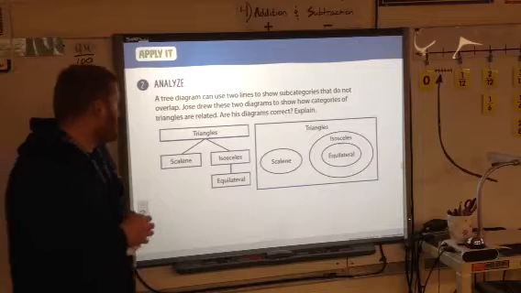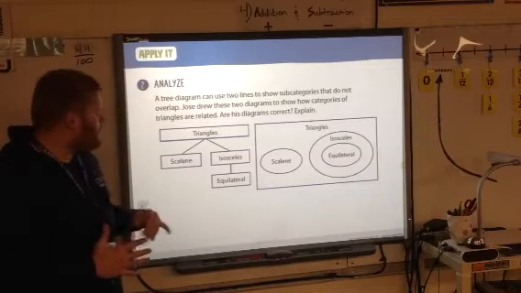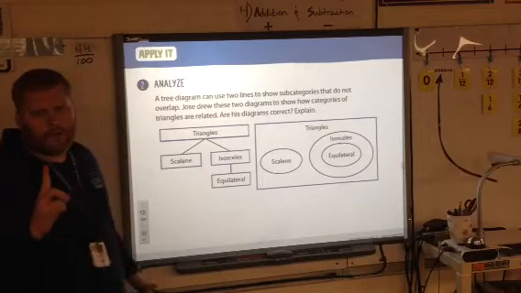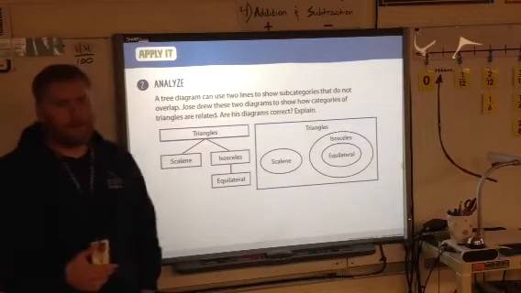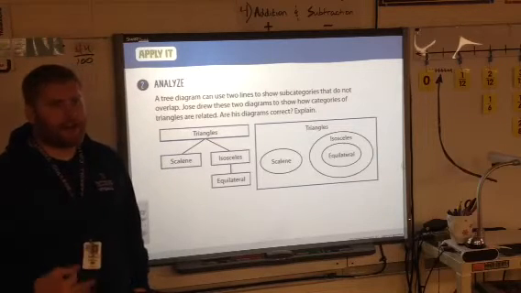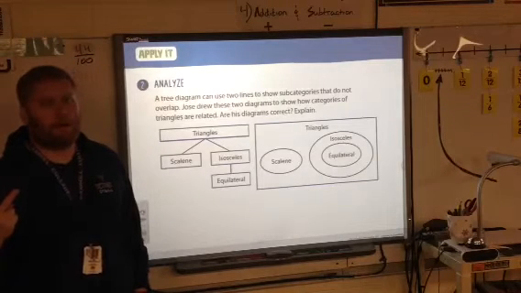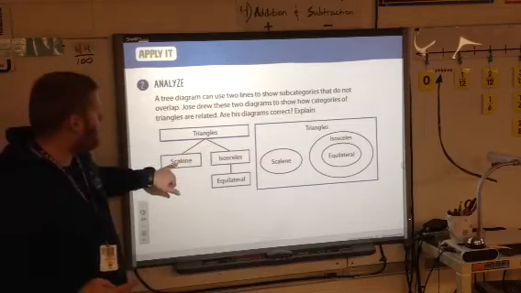Now we have two lines branched off of triangles. On the left side is one category by itself, and that's scalene. And scalene is by itself because a scalene triangle just has three sides, and all three sides are different lengths.